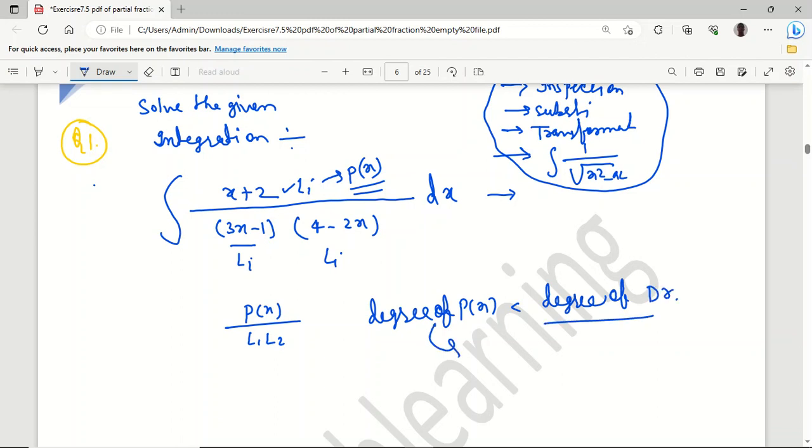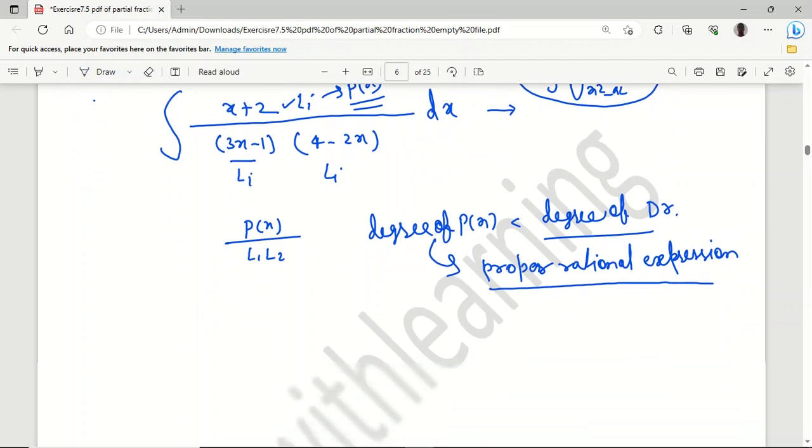So it is a proper rational expression. It means that we can apply partial fractions to the given integrand.